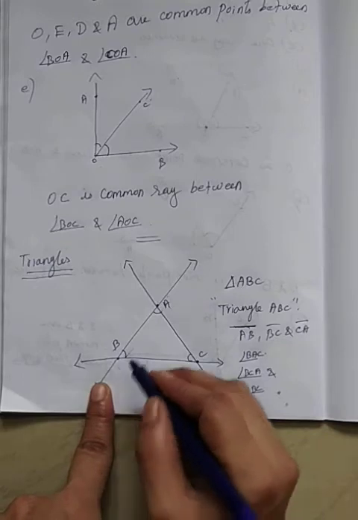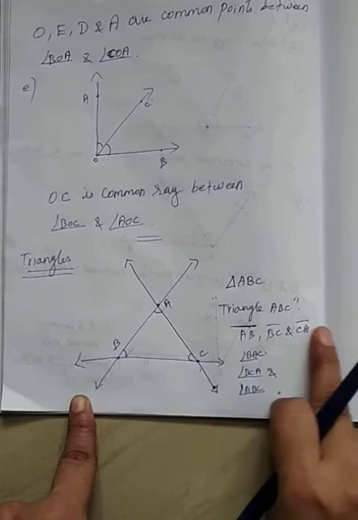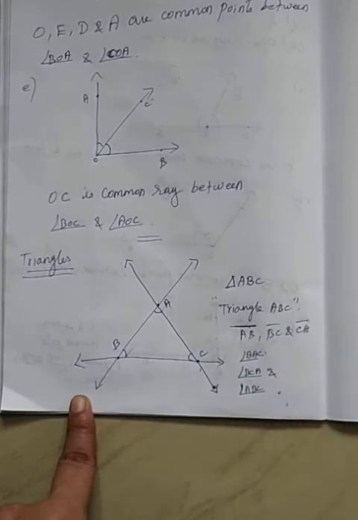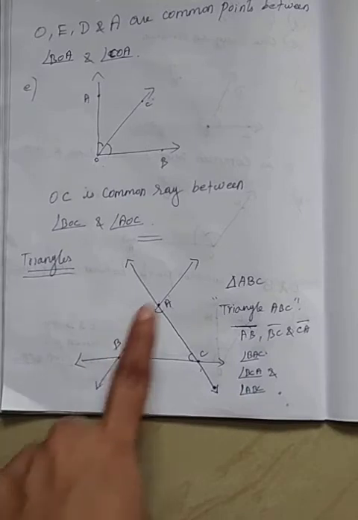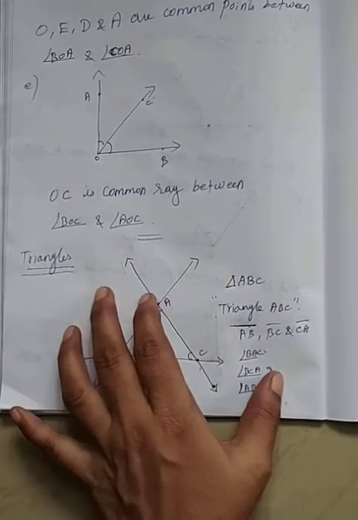Next, this one means ABC. So see these three sides and then three angles. Clear? So the points A, B, C are called the vertices of the triangle.